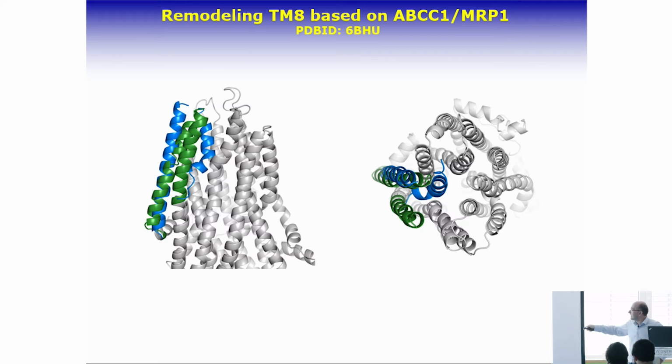So what we did, we remodeled a broken transmembrane helix observed in the cryo-EM structure based on the structure of a homologous protein. So basically we just removed this break, and therefore we arrived at another structure which is more capable of opening.